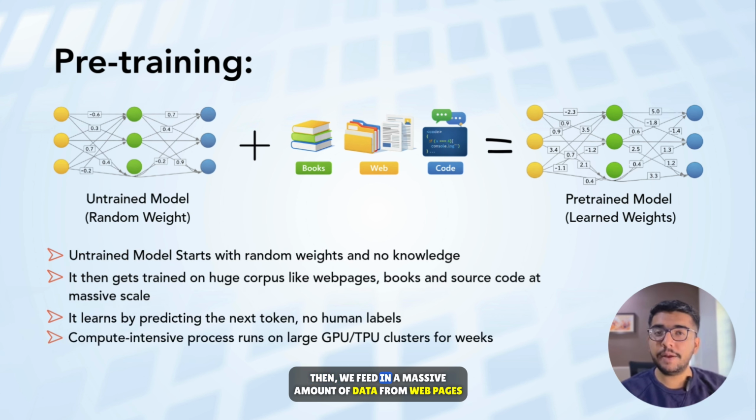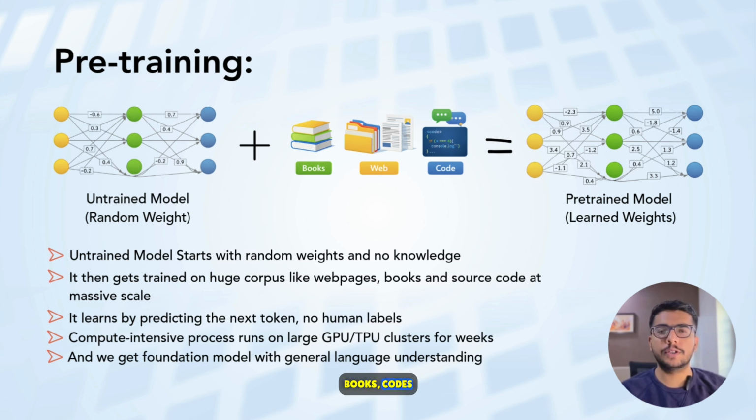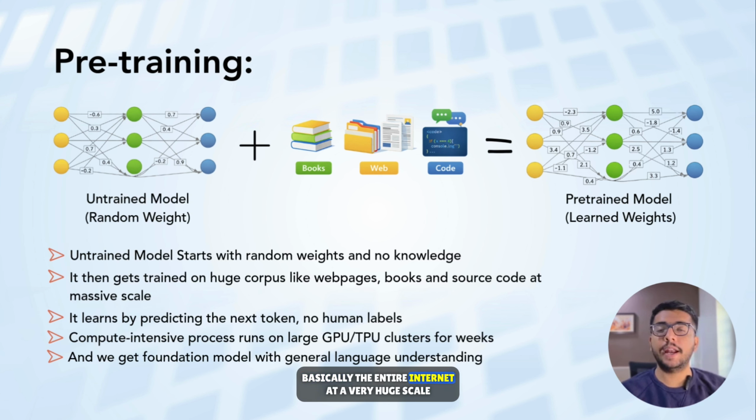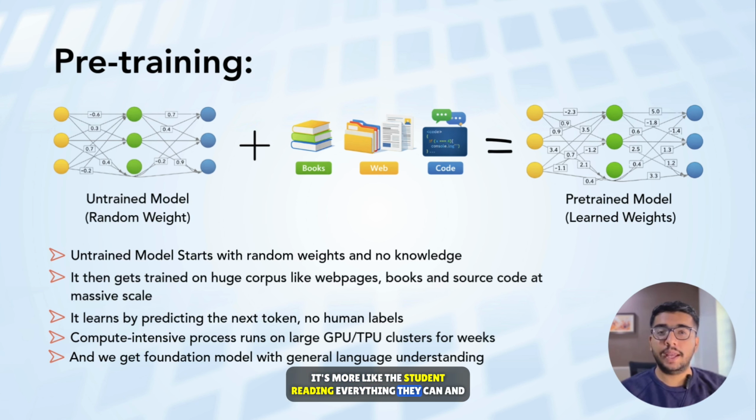Then we feed in a massive amount of data from web pages, books, and code, basically the entire internet, at a very huge scale. At this stage, the model isn't being taught answering; it's more like the student reading everything they can and slowly picking up the language.